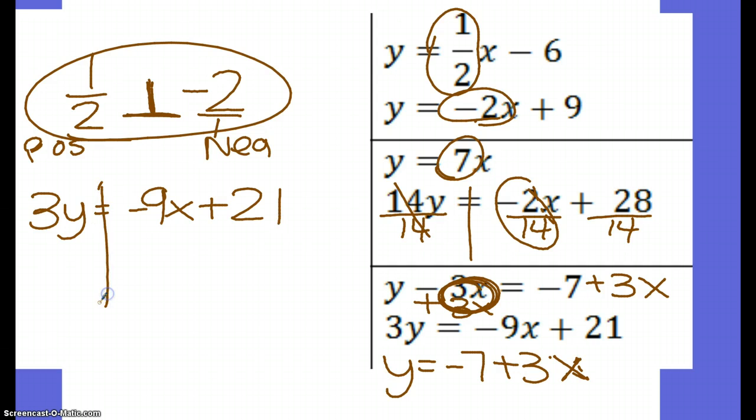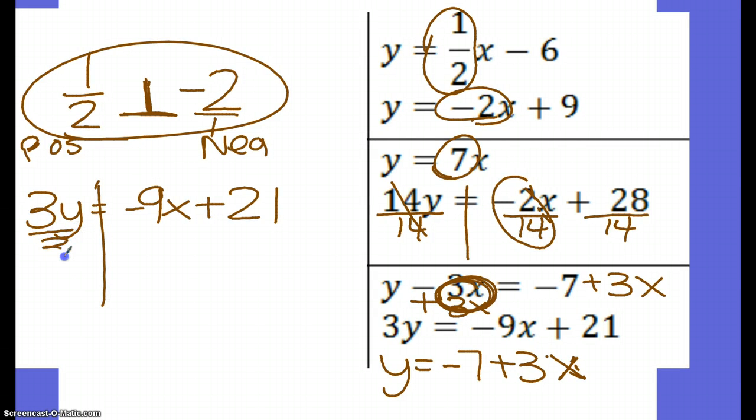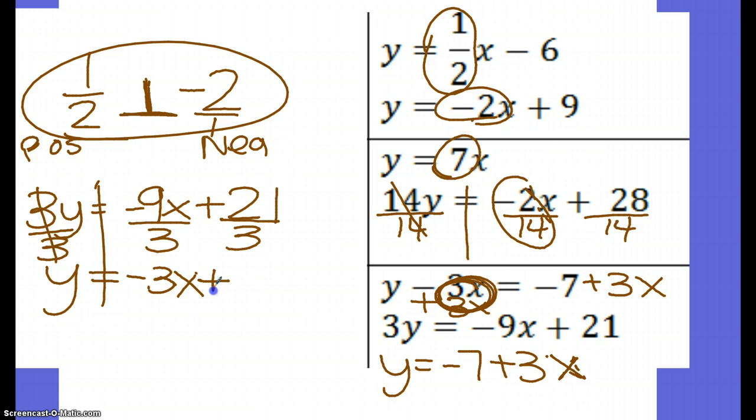We have to get y by itself, so we're going to get rid of the 3, divide it out on every term. Y equals negative 9 divided by 3 is negative 3x. And then 21 divided by 3 is 7.